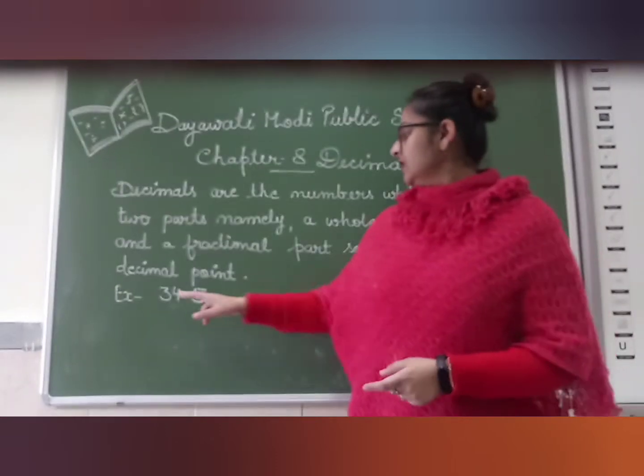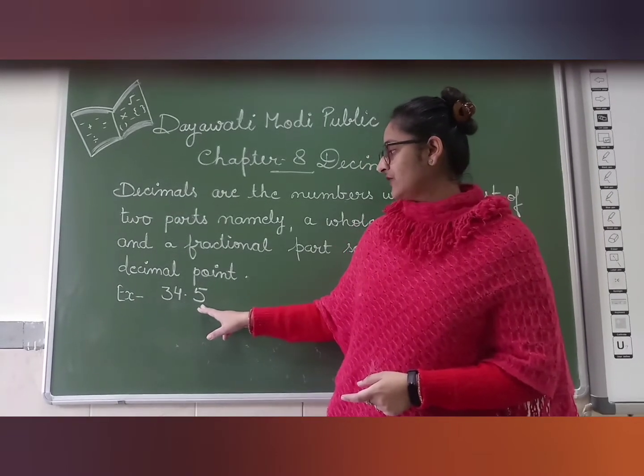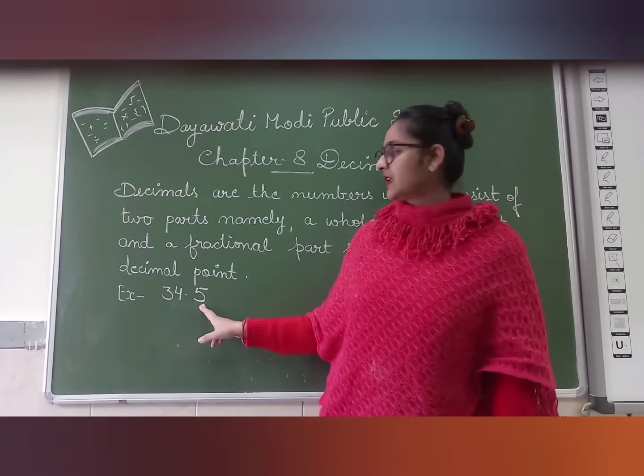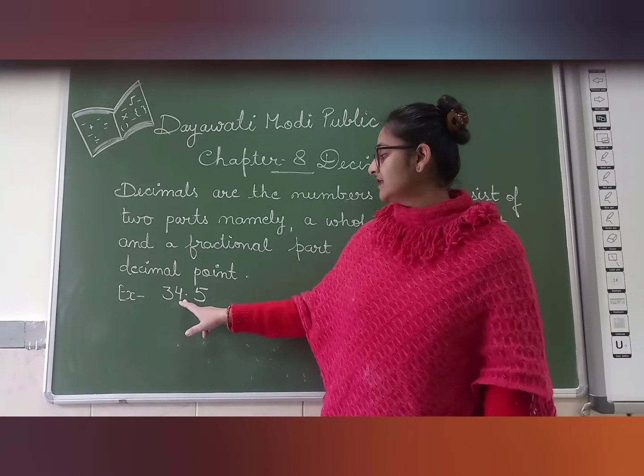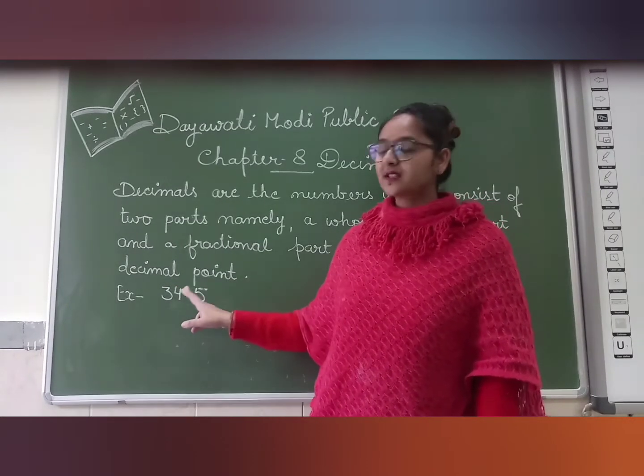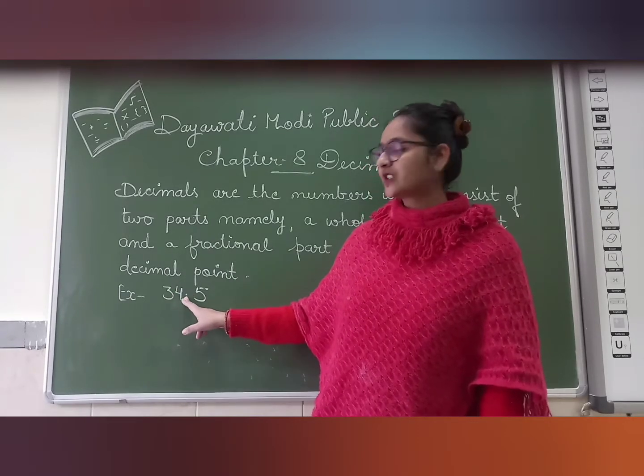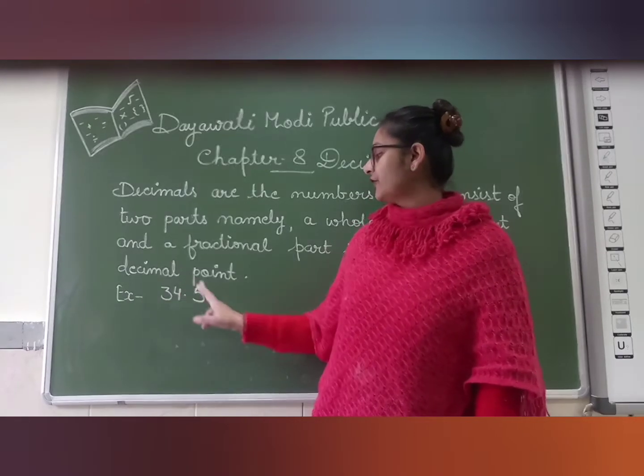Okay. So 34.5 is an example of a decimal number in which this point symbolizes the decimal point. Okay, this is a decimal point which separates 34 and 5.